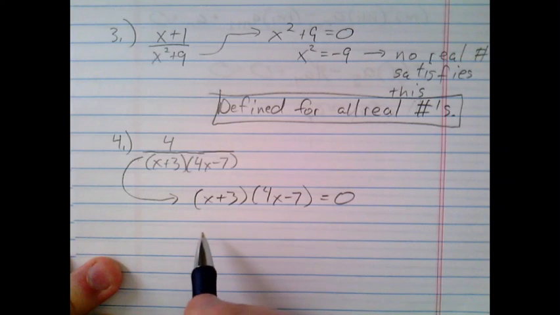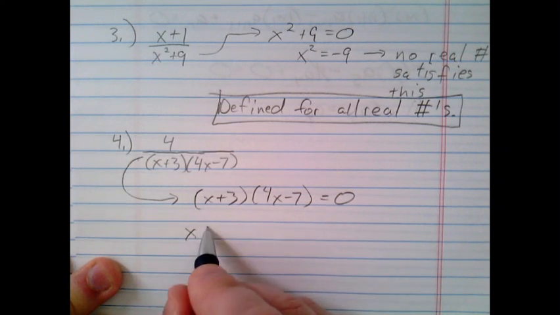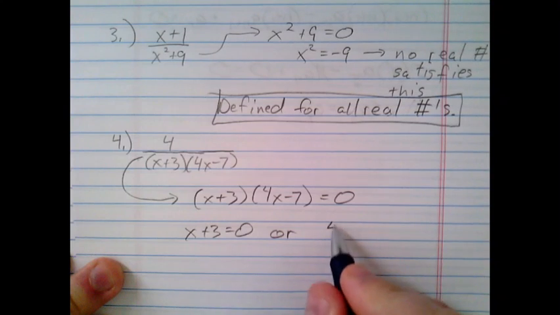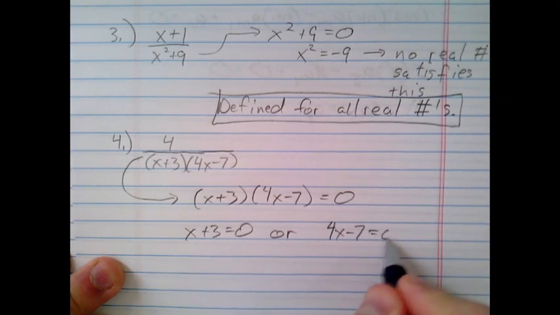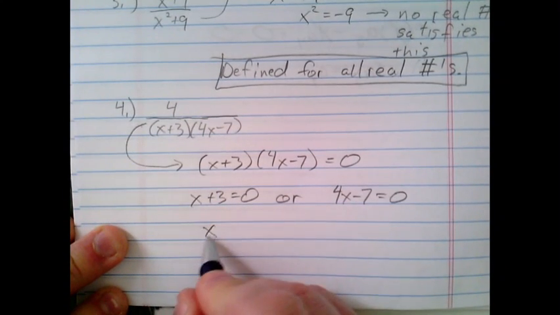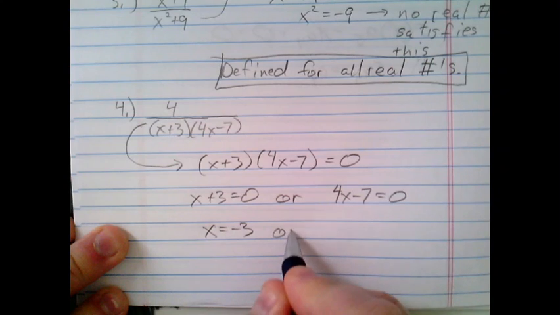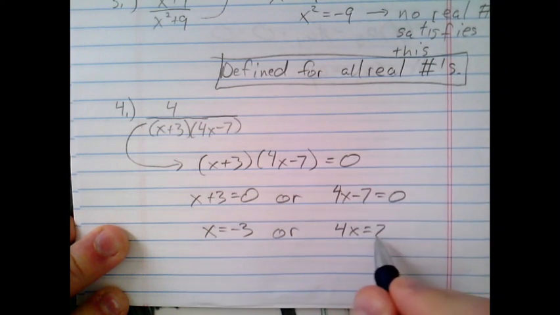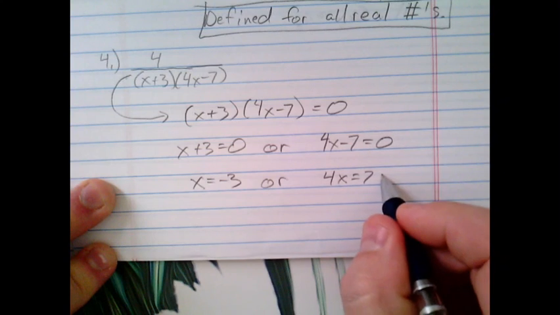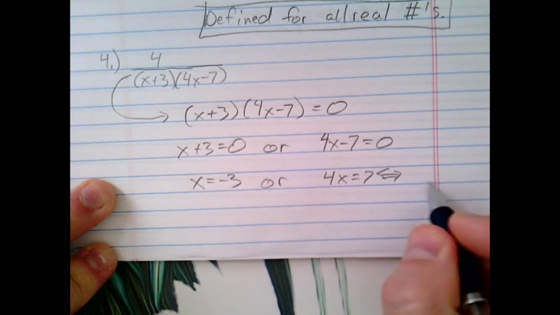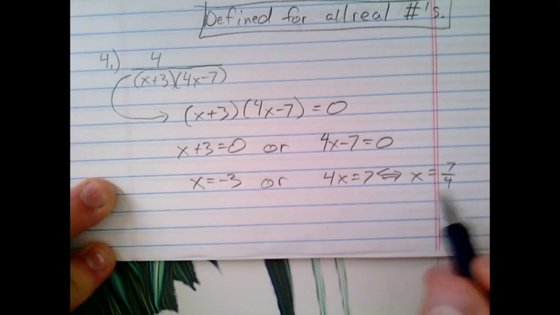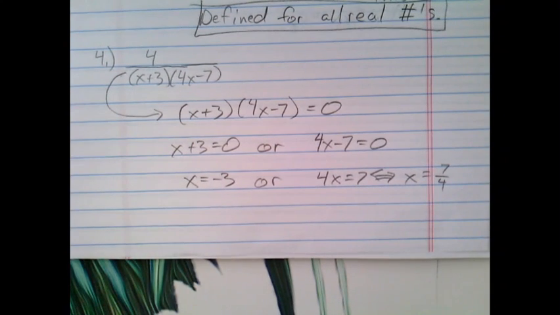So I can split this into a compound equation, x plus 3 equals 0, or 4x minus 7 equals 0. So x equals negative 3, or 4x equals 7, which would be the same as saying x equals 7/4. So in this case, there's 2 solutions.